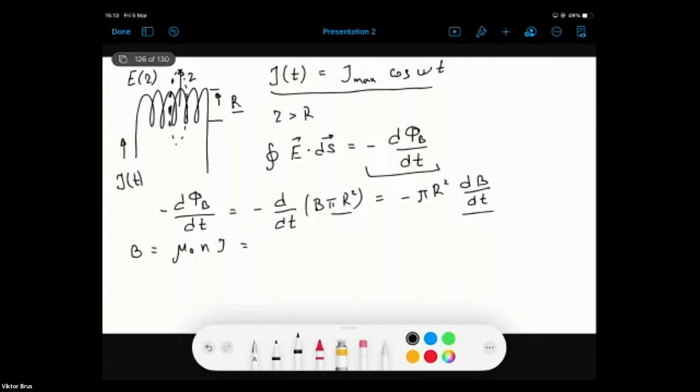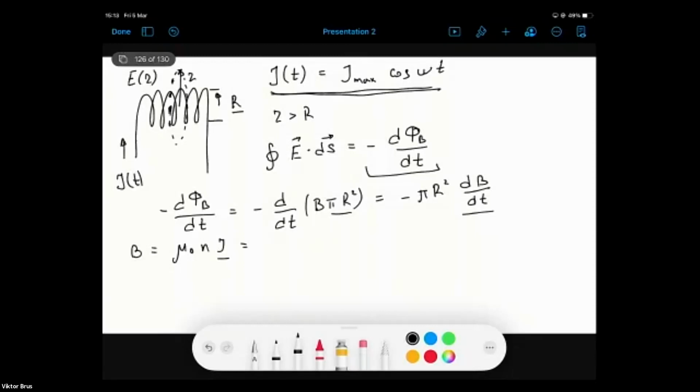And taking into account this function, which we got at the beginning as a condition for our case, we can substitute this I with its time-dependent function.